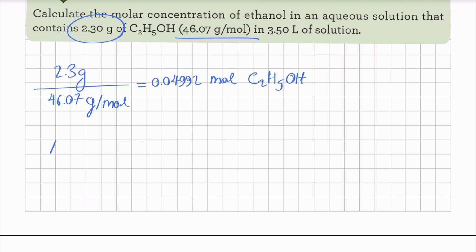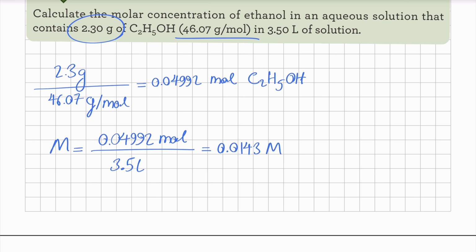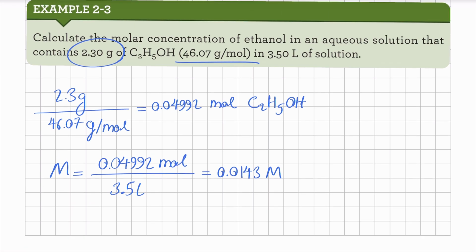So we can say that molar concentration is going to be 0.04992 moles of C2H5OH divided by 3.5 liters, which is going to give us the concentration, 0.0143 molars, or 0.0143 moles per liter. That's great. Now, let's go to the next question.